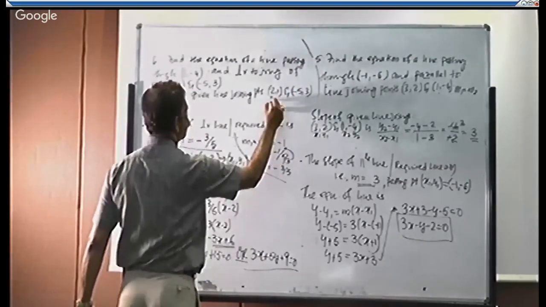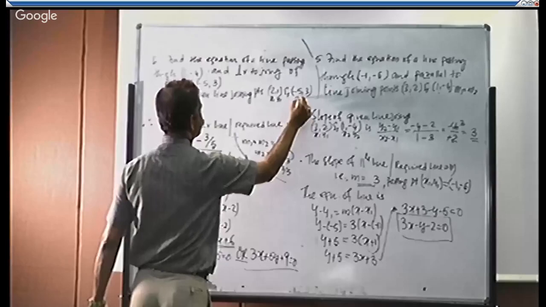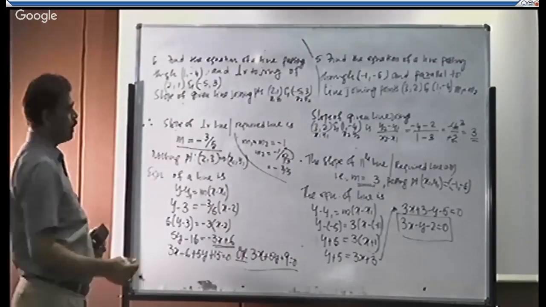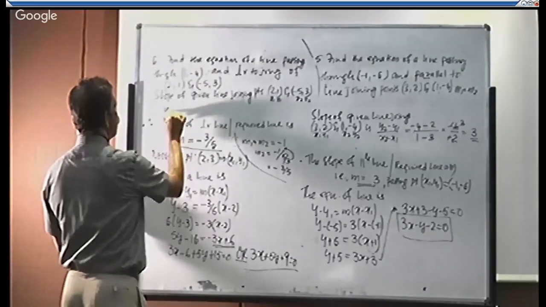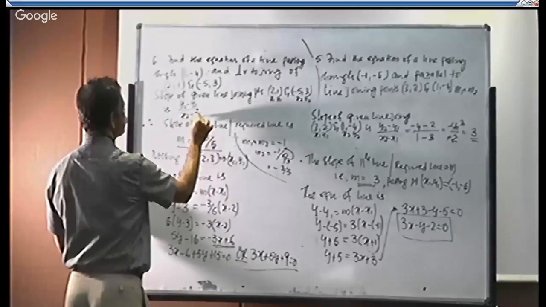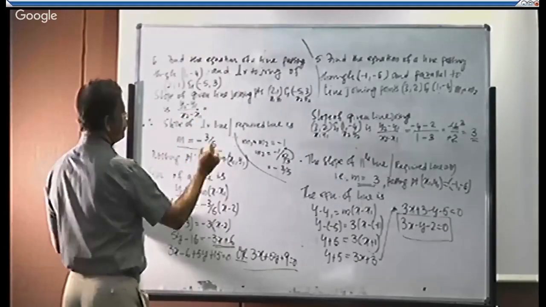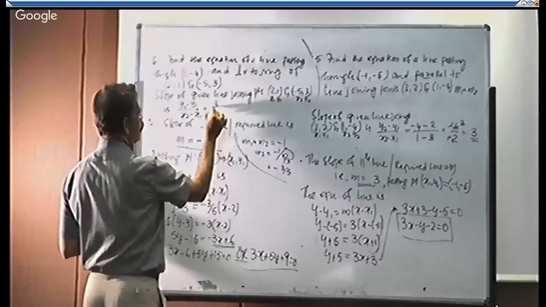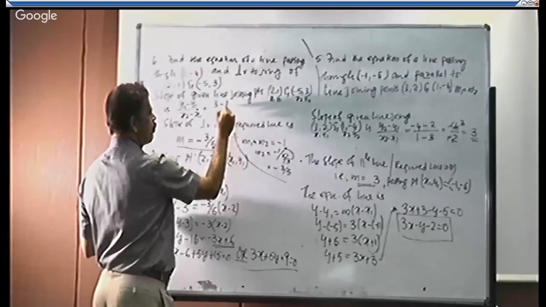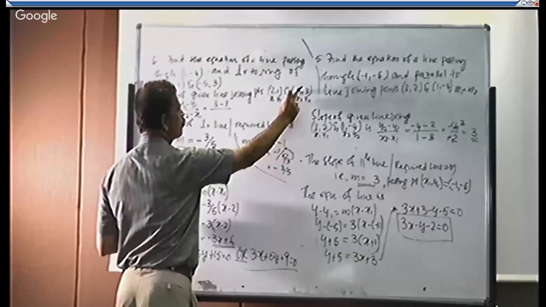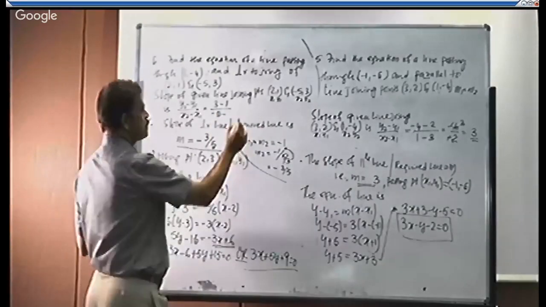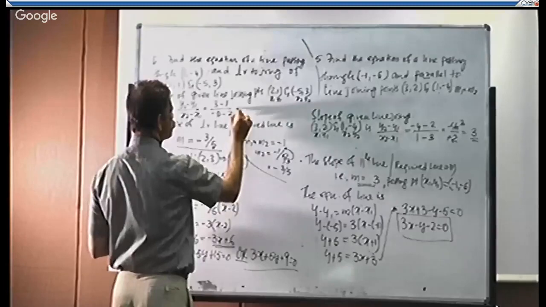They are taken as (x1, y1) and (x2, y2). They are always taken in the combination of x, y only. The slope is (y2 - y1) divided by (x2 - x1). y2 is 3 minus y1, which is 1, whole divided by x2, which is -5, minus x1, which is 2.